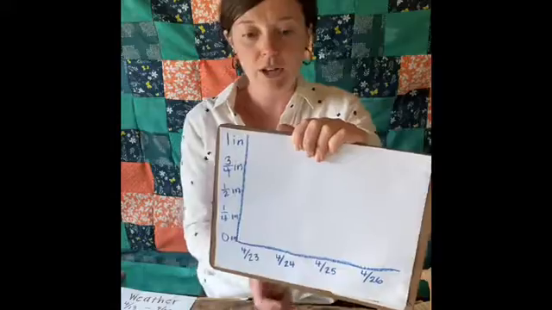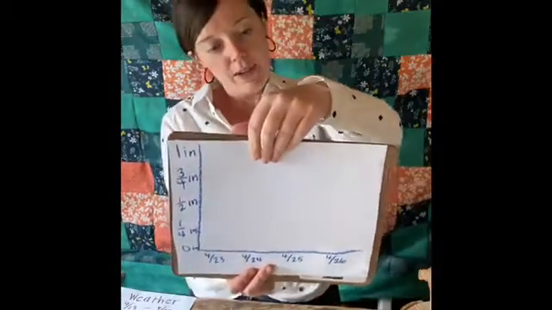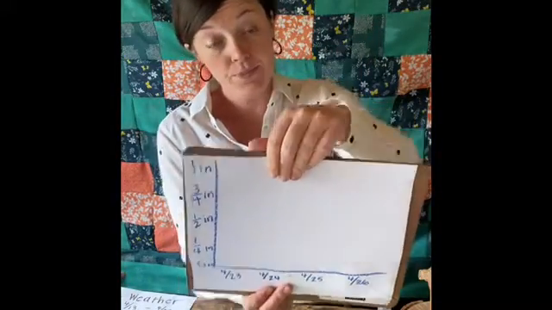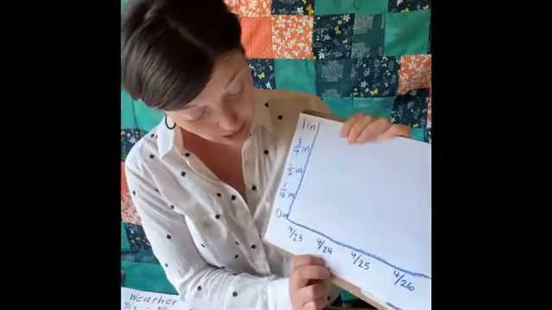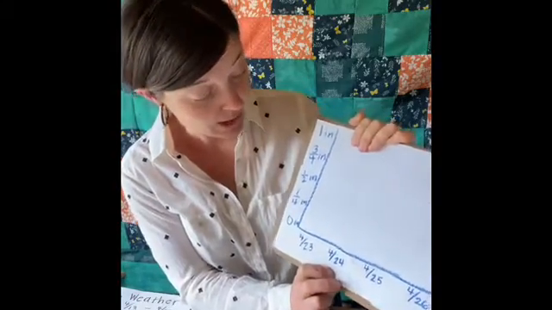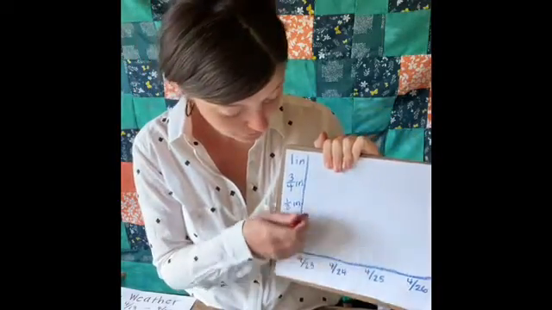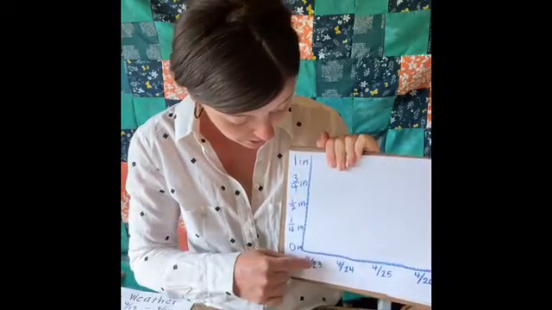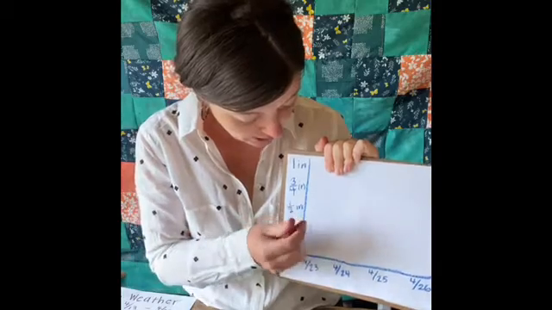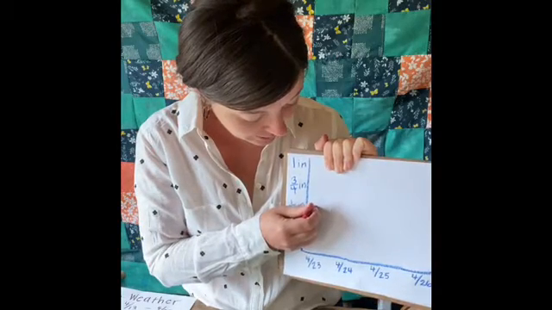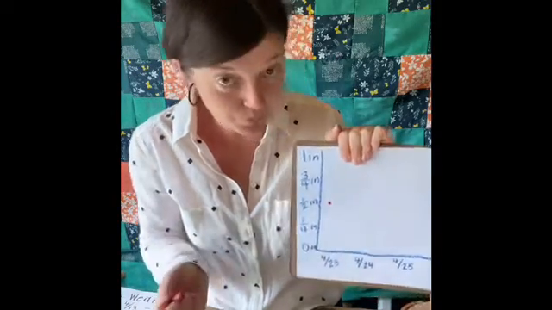Now, if we look at the information for Thursday, April 23rd, we see that the rainfall was 1 inch. So we'll come up Thursday, we'll find 1 inch, and I'm going to draw a little dot. Okay?